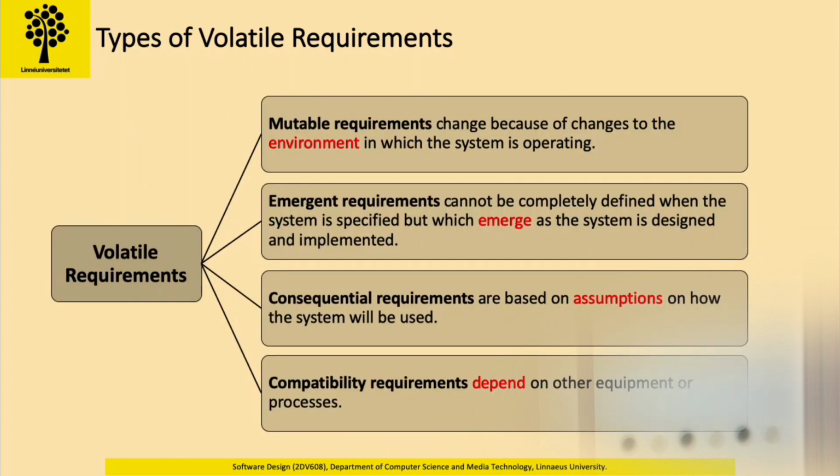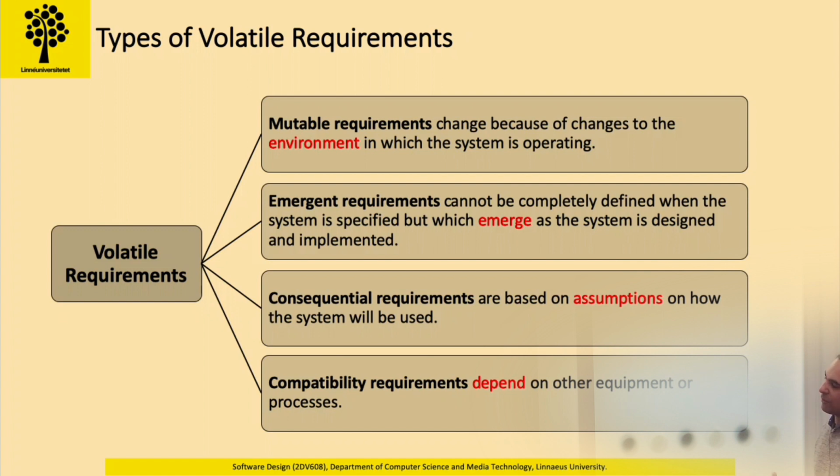So there are 4 types of volatile requirements. Requirements become volatile not only because they change, but there are of course reasons to change. One type of volatile requirement is those that change because of the obvious reason of the environment. As I said, the operating system might upgrade, the libraries might be upgraded, the server infrastructure might get updated.